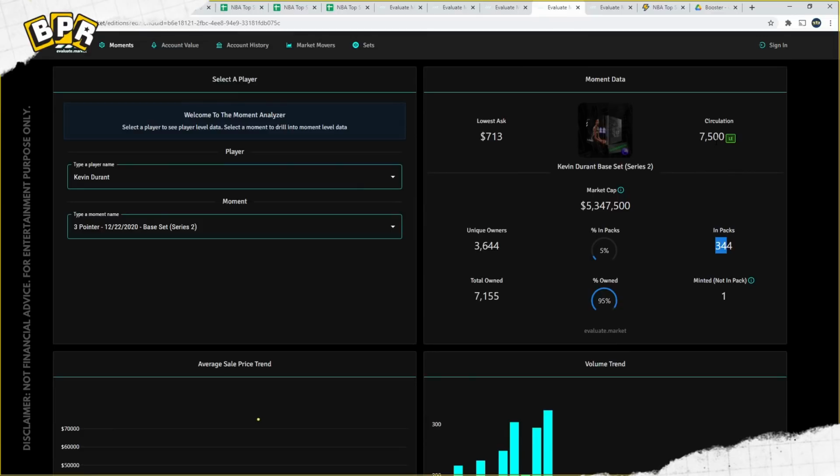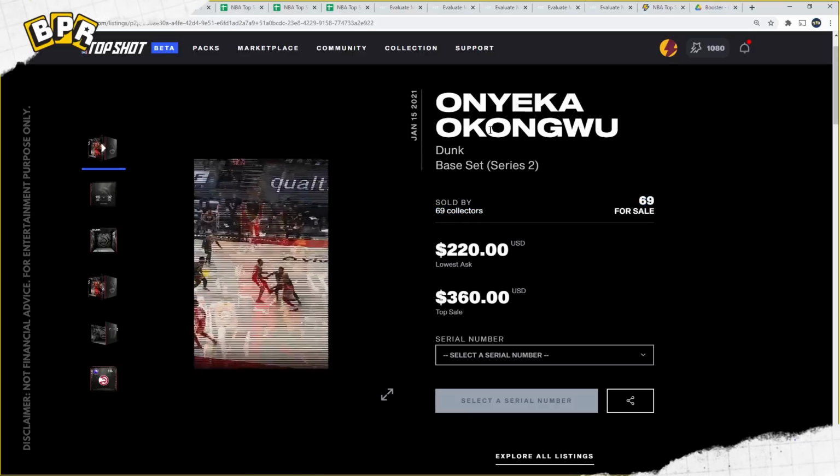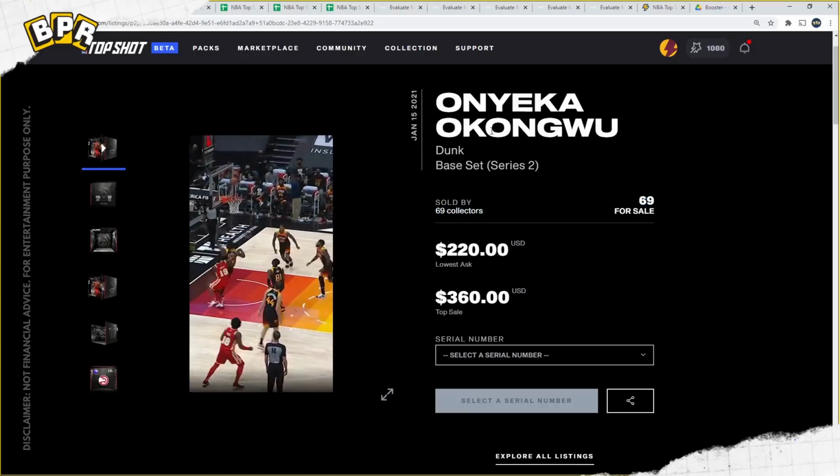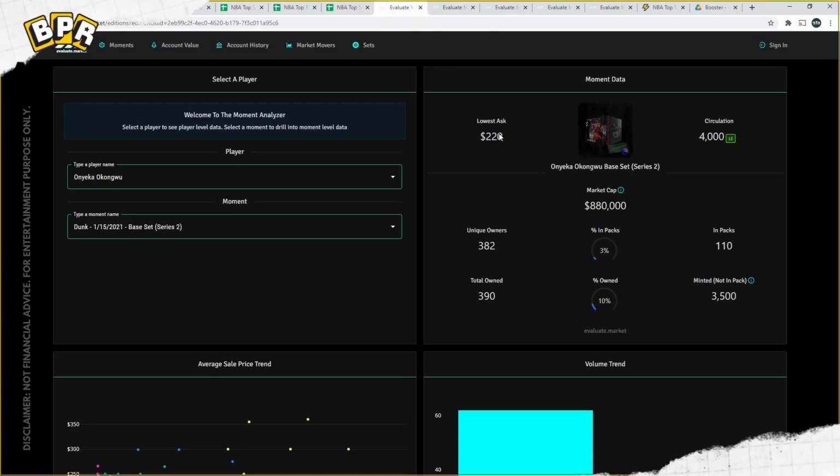And if you go to Series 1, there's obviously fewer listings, right? So fewer listings mean the chances are prices will continue to move up faster, right? So right now we have $69 for Onyenka, but this is not reflected based on the total amount that are on the market right now, because there's still 3,500 in packs, right? And 10% owned.